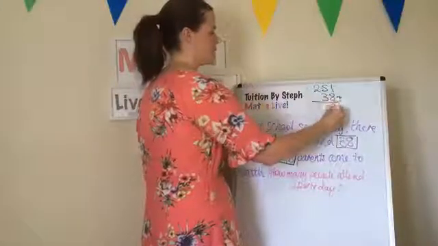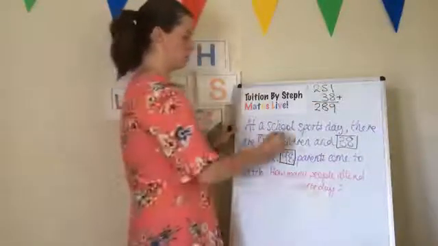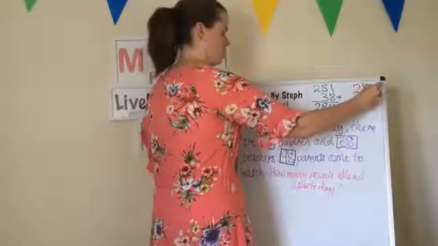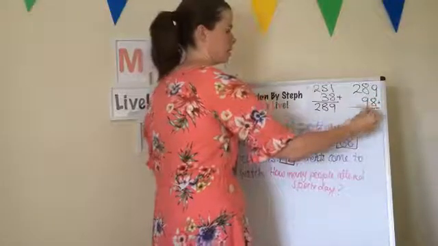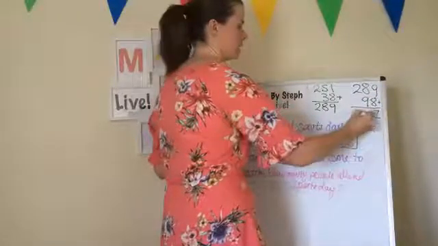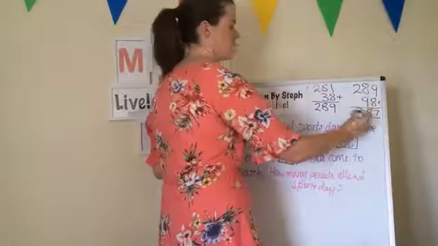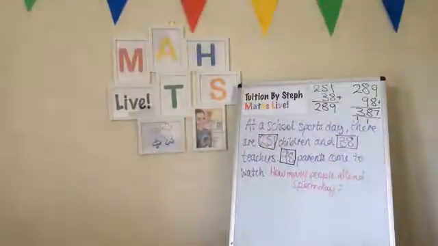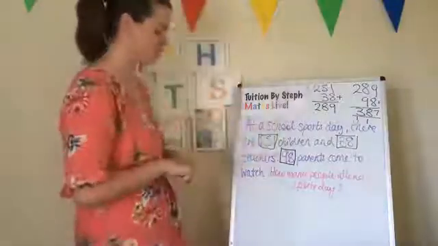So that's 9, 8, 2. And now I'm going to add all the parents. So 289 plus 98. So that's 17, 18, so 387. Let me have a look. 300, yes. Well done, 387 people attended sports day.